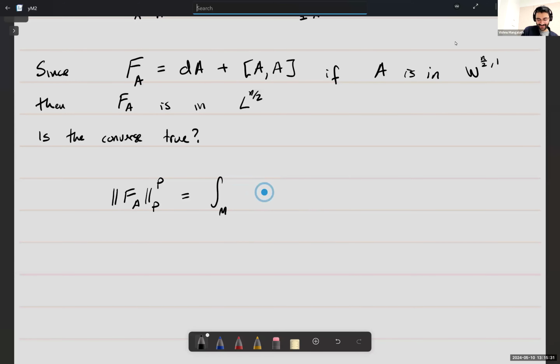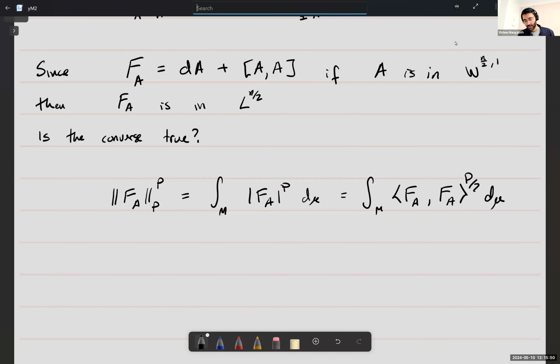Let's just write one more step: the integral of F_A comma F_A to the p on 2. Right? Now, when we apply a gauge transformation to A here, it turns out that this is equivalent to doing this. I mean, the gauge transformation doesn't affect this functional at all.